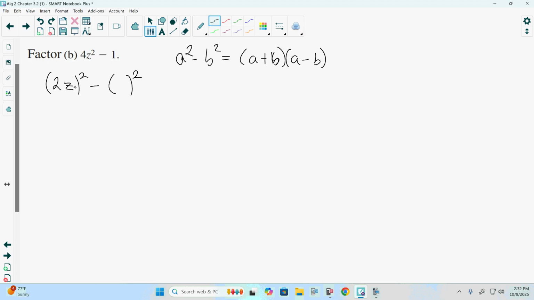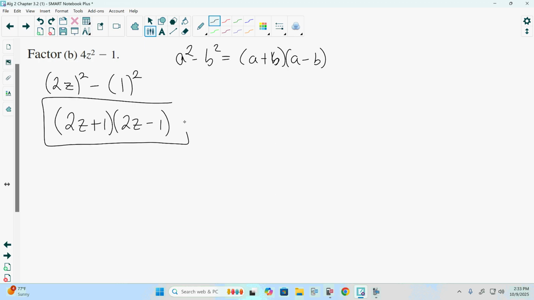So 2z times 2z would be 4z squared. Now what times itself is 1? 1. So we have 2z squared minus 1 squared. Well, a in our case is 2z, and b is 1. So we'd have 2z plus 1 times 2z minus 1.